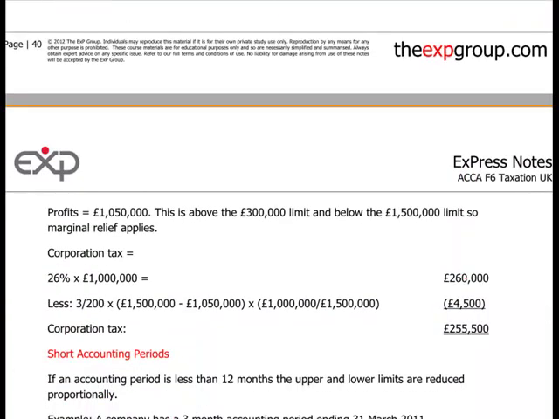Your profits here are 1,050,000. This is above the 300,000 lower limit, but it's below the 1.5 million upper limit.